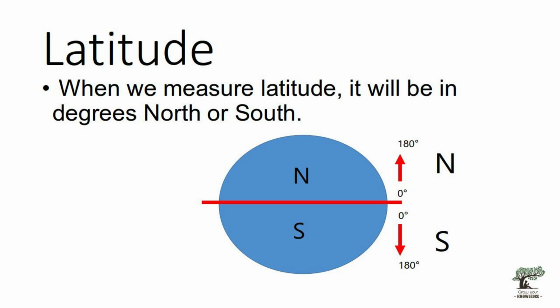Or starting in the middle at 0 degrees, we can go down, which is south, until 180 degrees. Why 180? Remember, a circle or a sphere adds together to be 360 in total. So 180 plus 180 gives us our 360.